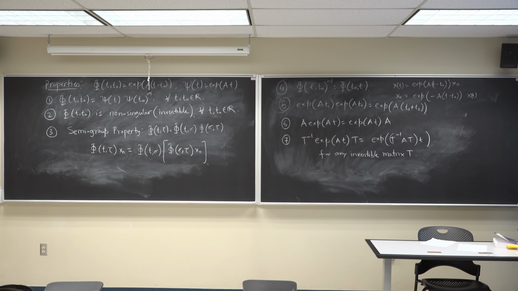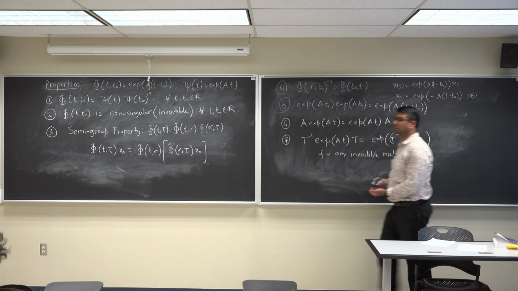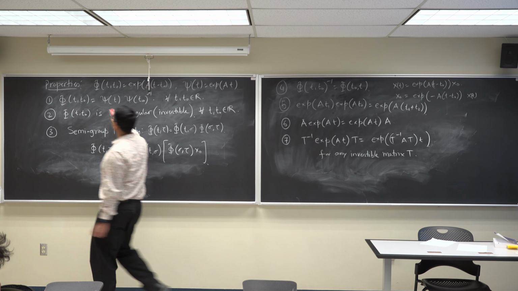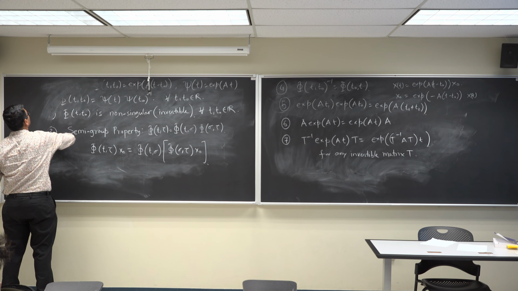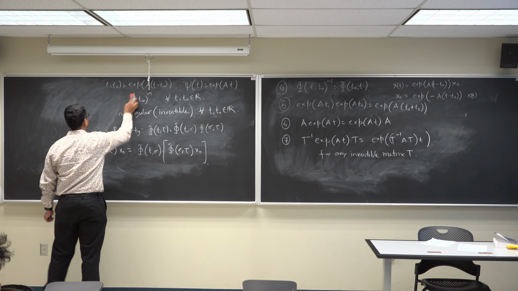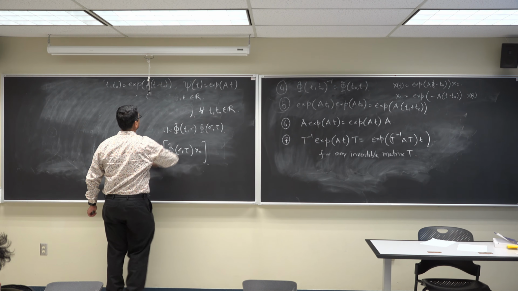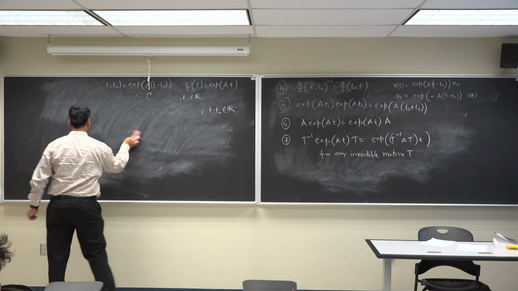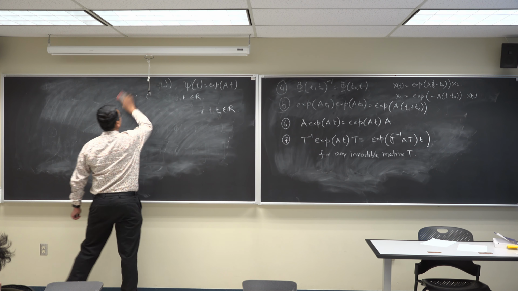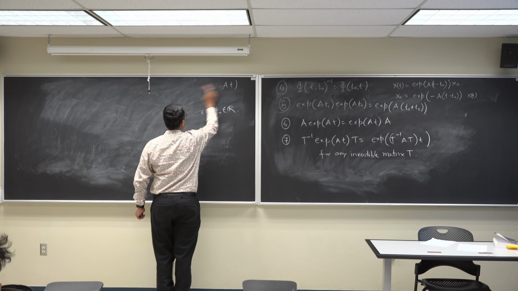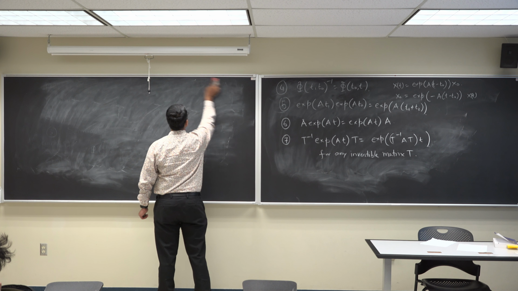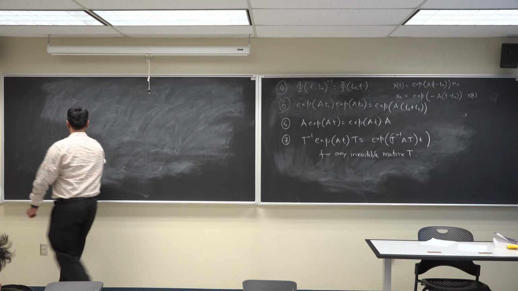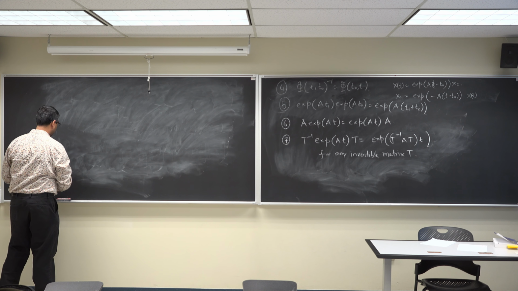Okay. No questions? I want to mention a theorem because we'll probably try to prove it in the next class. The time is about to get over, so I'll just write down the statement.